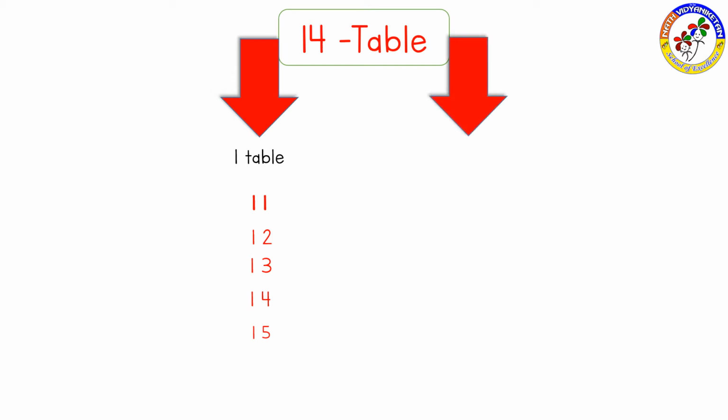Now here fourth table from 11th step. 4 11s are 44. 4 12s are 48. 4 13s are 52. 4 14s are 56. 4 15s are 60.